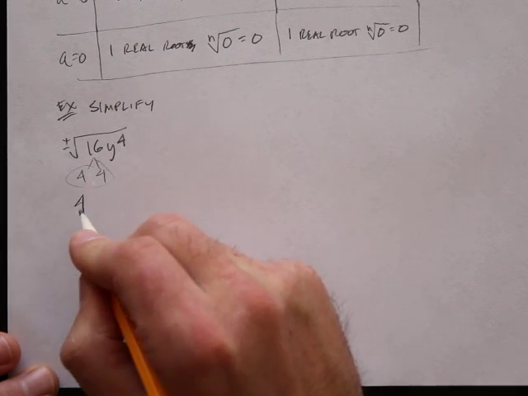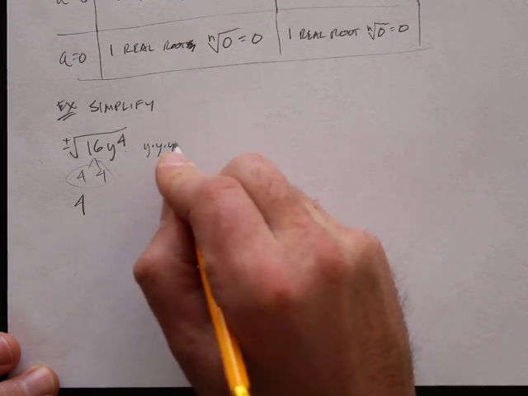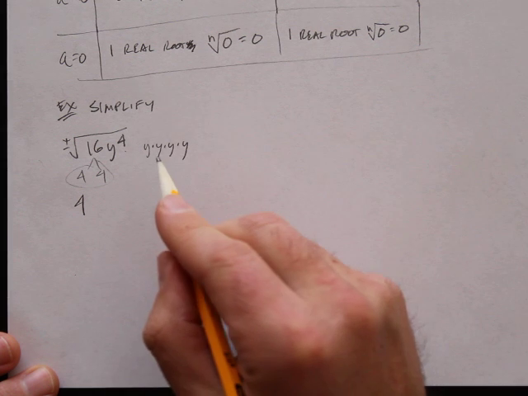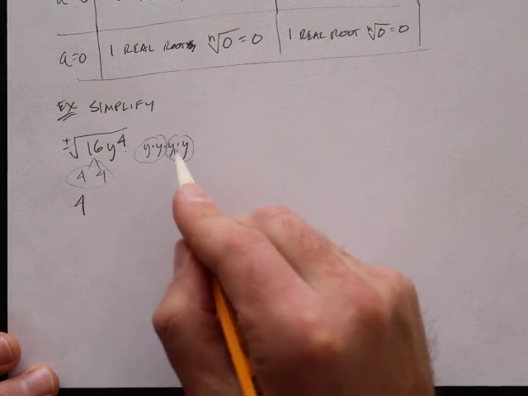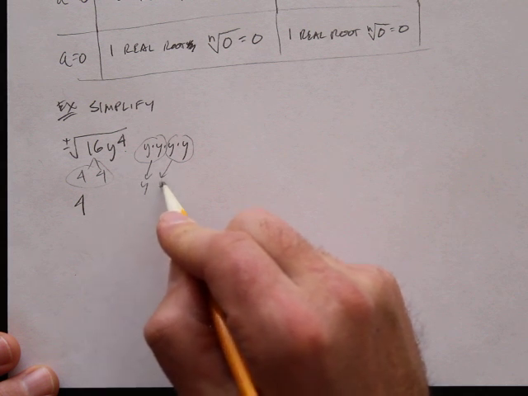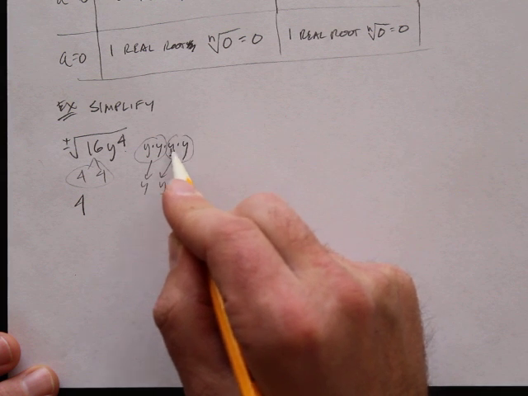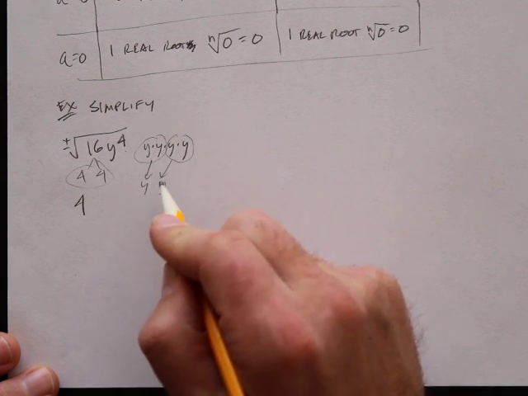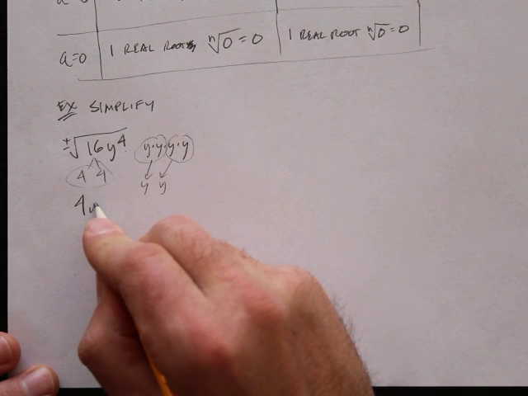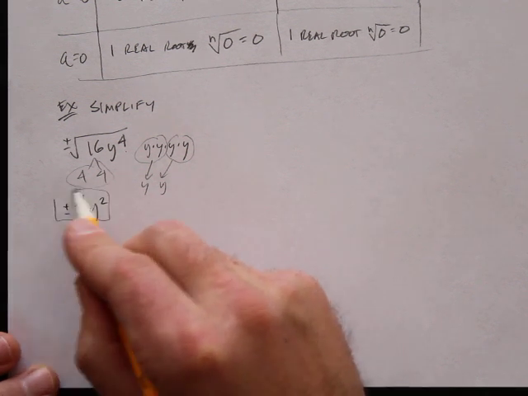The square root of 16 is 4. And now let's look at these y's. This is y times y times y times y. And so I've got 2 y's and 2 y's, which brings me to y times y. The square root of y squared is y, the square root of y squared is y, so y times y is y squared. Plus or minus 4y squared is your answer there.